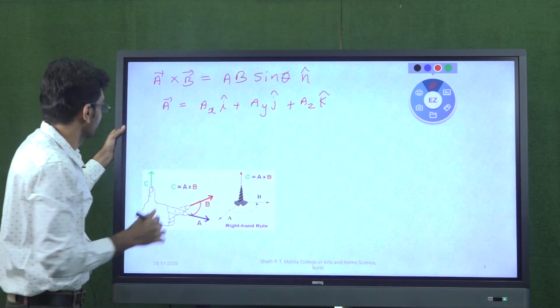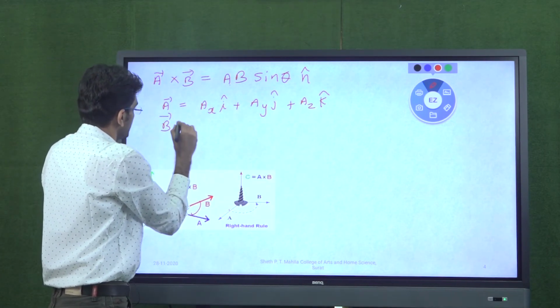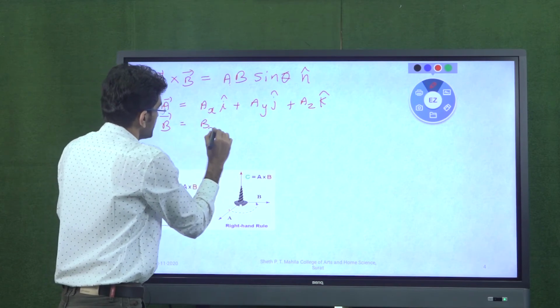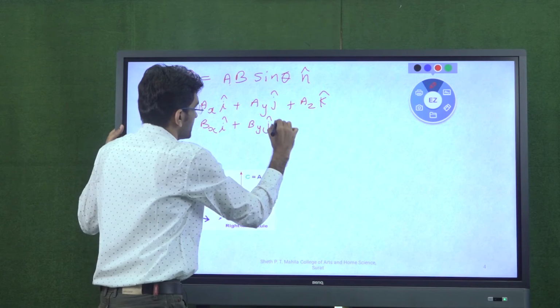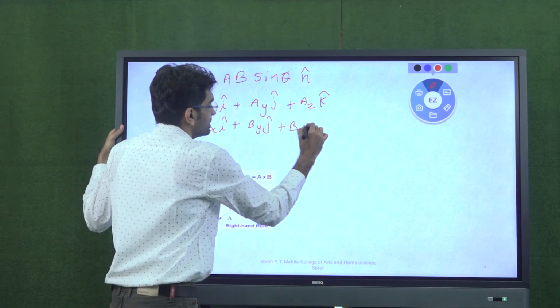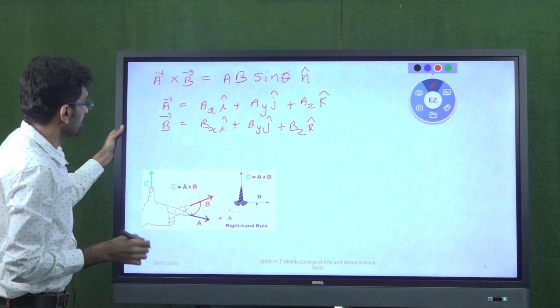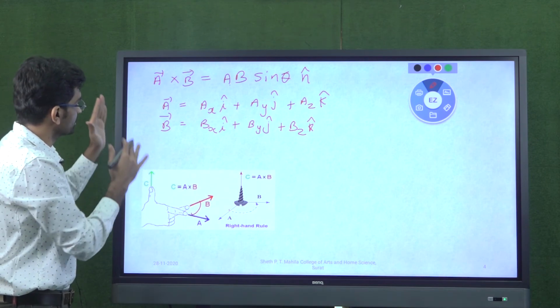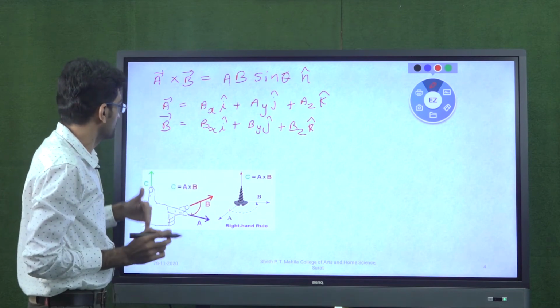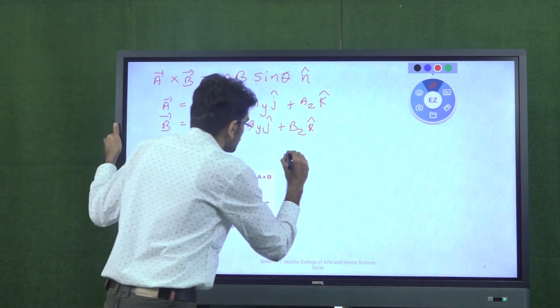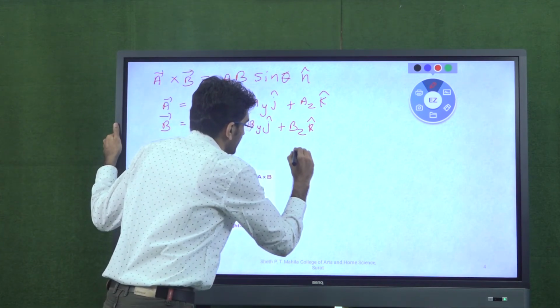This is one vector. I have another vector B, that is Bx i cap plus By j cap plus Bz k cap, right? If I want to multiply these two vectors, that means I want to carry out the vector multiplication, then how shall I do? That is a very simple way.